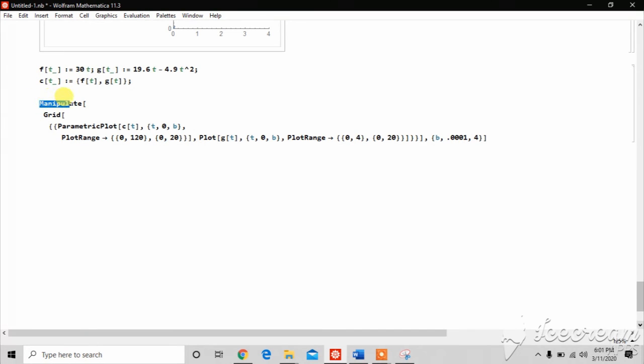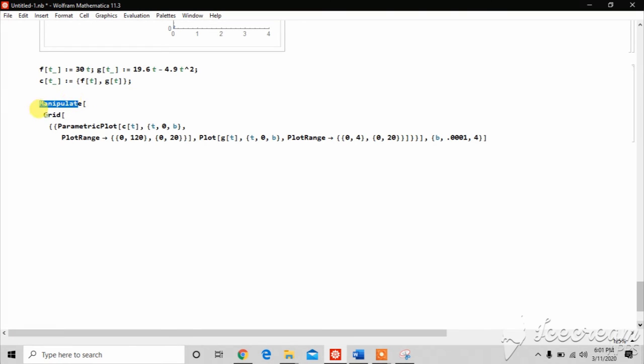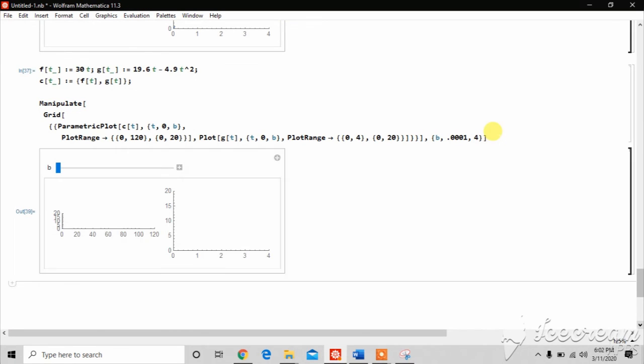Manipulate: what do we need to manipulate, what do we need to work out. Now we're making a grid of the plot, a regular plot of our function. We are now plotting the y coordinate as a function of time. Now when I run this, you're going to get the idea.